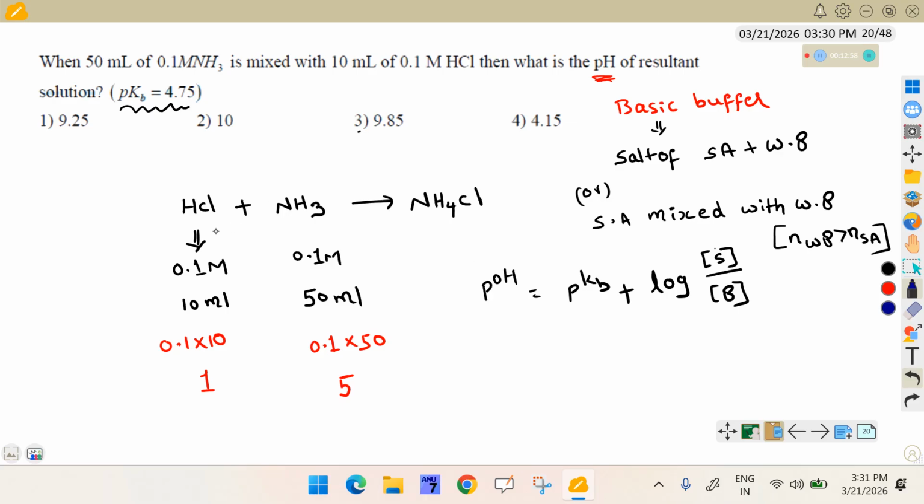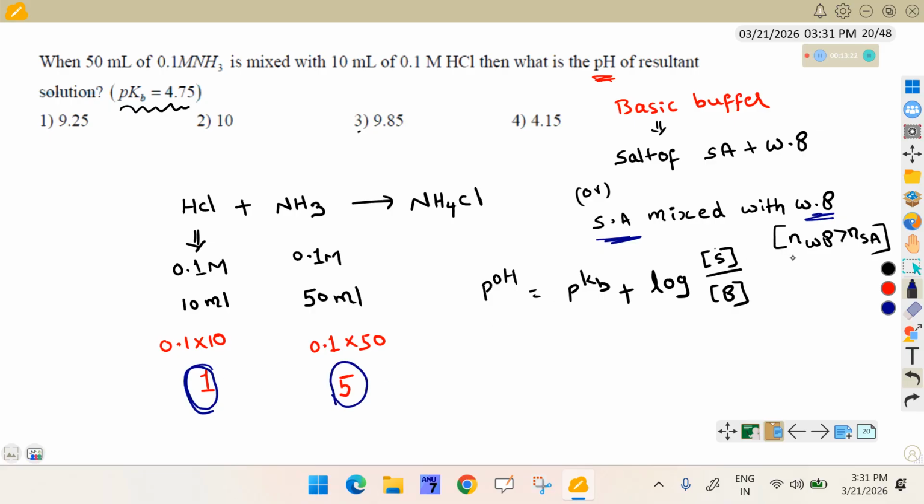Here HCl is a strong acid and NH3 is a weak base. Calculate the number of millimoles of HCl. Number of millimoles of HCl is 1. How can we calculate the number of millimoles? Given molarity multiplied with volume in ml. Number of millimoles of NH3 is 5.